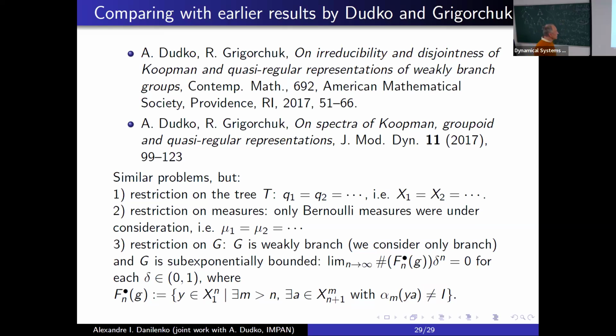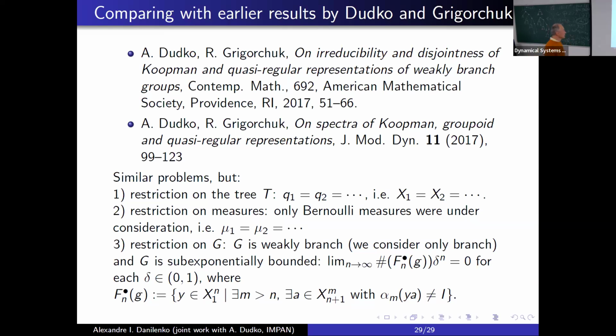It appears that we should construct more difficult measures. So in our case, measures are more complicated. The collection of measures which we construct depends on the group. For every group, its own collection of measures.